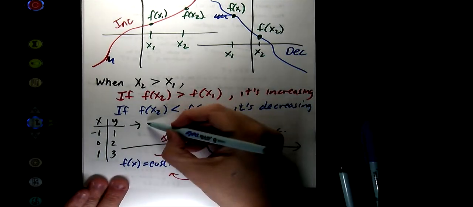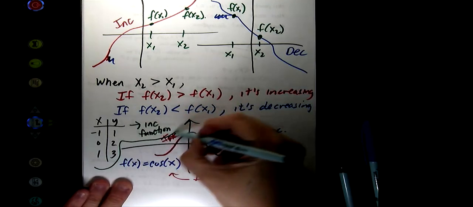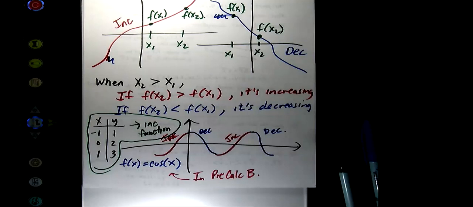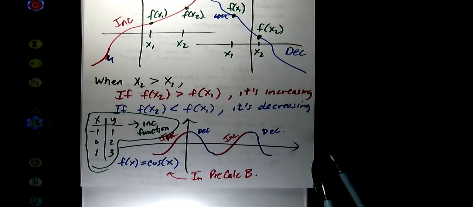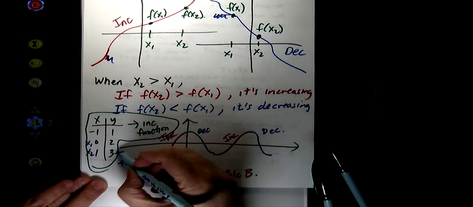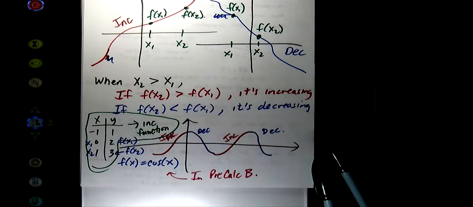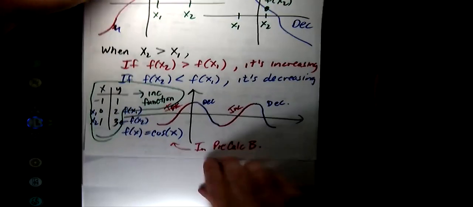This is an increasing function. The idea is when x2 is greater than x1, increasing means f of x2 and f of x1 go up together, and decreasing means f goes down as x goes up. That's a more concise way of saying it.